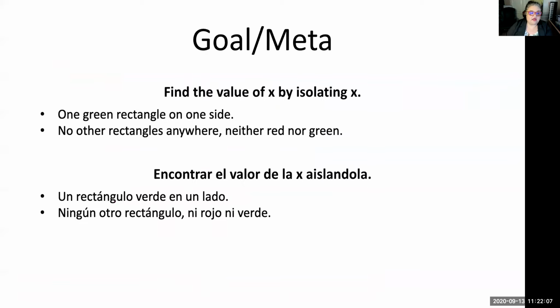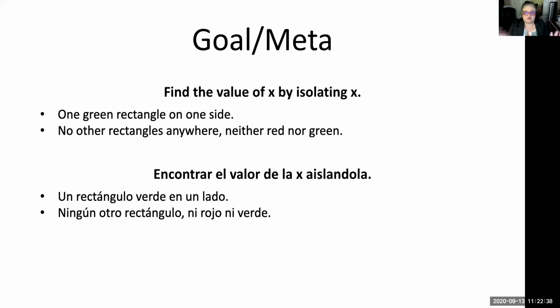Okay. So, in the previous examples, you can see if we have one green box on one side, just the one green box, we can look at the other side and figure out what the value of x is. Okay, podemos ver en los ejemplos que acabamos de hacer, si en un lado tenemos solamente un rectángulo verde y del otro lado tenemos otros, pues, que no sean rectángulos.